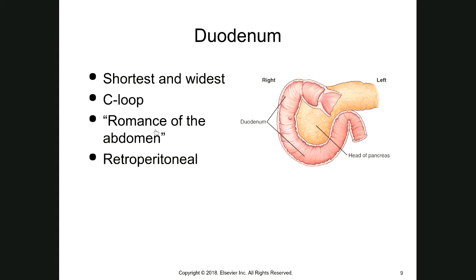And the duodenum does sit retroperitoneal, or behind the peritoneal cavity. We talked about some of those things: what sits anterior, what sits intraperitoneal, what sits infraperitoneal, and what sits retroperitoneal. So the duodenum is actually retroperitoneal, C-shaped, and the smallest segment.